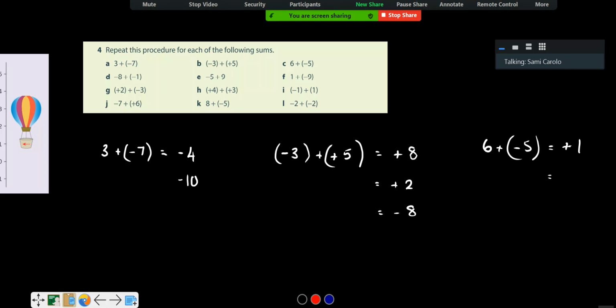Anyone else? Anything different? You don't have to, you could agree. No, we're all good? This seems to be the one. Why is there only one answer for this and more than one answer for the other two? What do you think? What's the reason? Why did this one seem a bit easier?